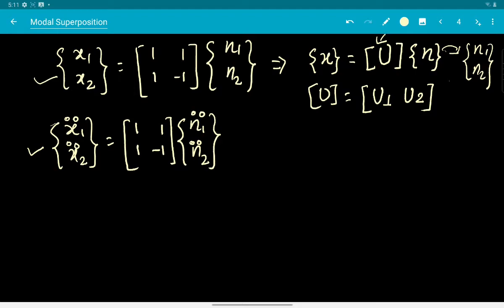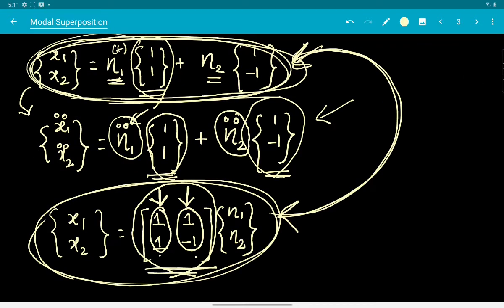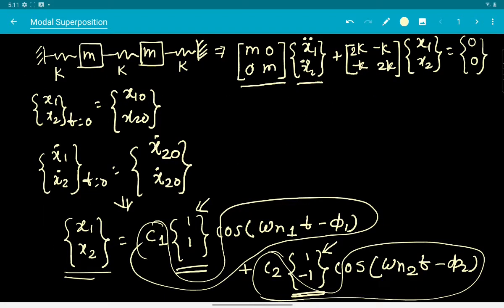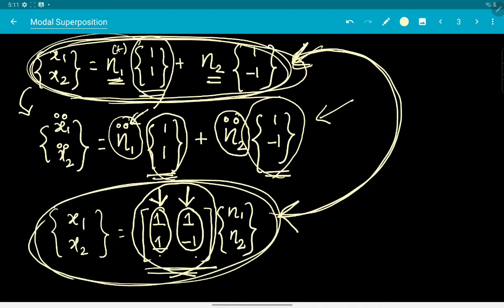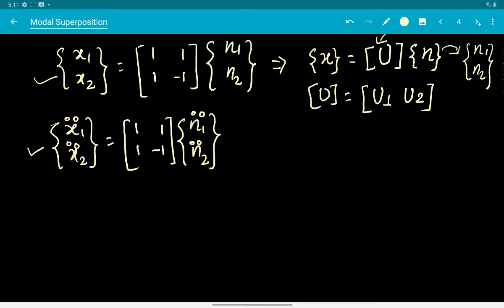Now let's assume that you have certain forcing acting on the system that we have considered. Let there be some force F1 over here, and some force F2, which need not be synchronous, which need not be harmonic. You can think of any force. This is a very generalized method, so it is applicable to any kind of forcing.